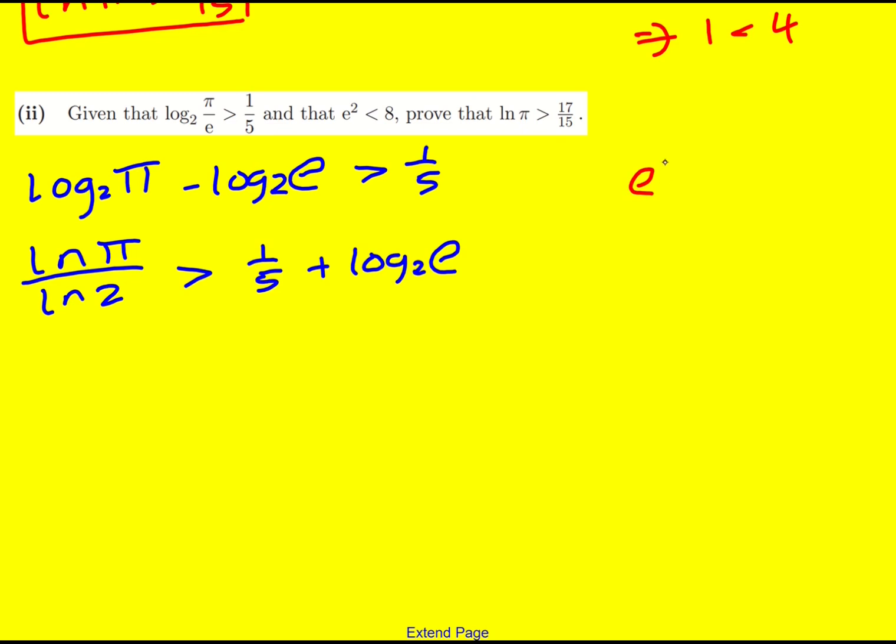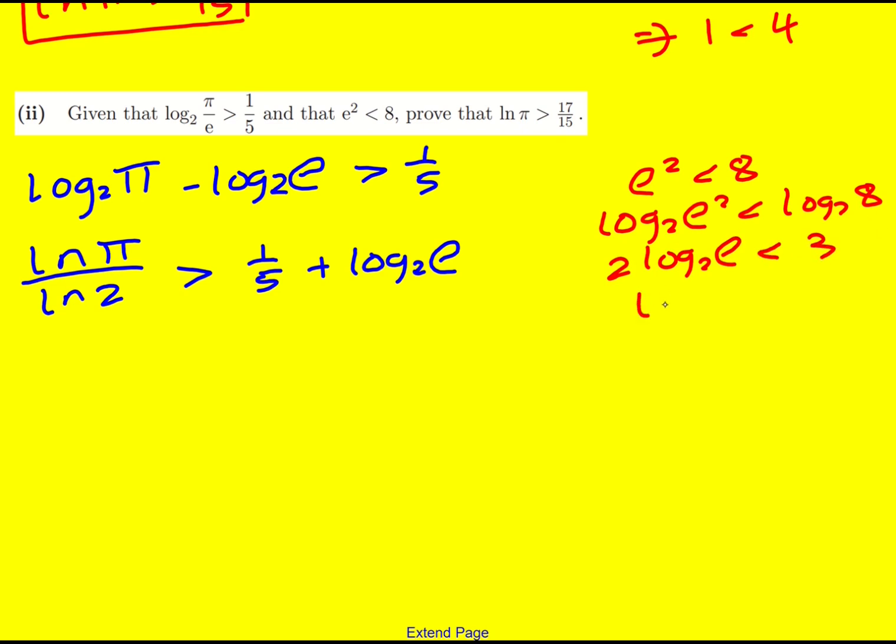And then I went with e squared is less than 8, and I took log to base 2 of both sides. Which seemed to make sense at the time, because then I can simplify that 8. I'm going to get 2 log to base 2 of e is less than 3. So log to base 2 of e is less than 3 over 2.